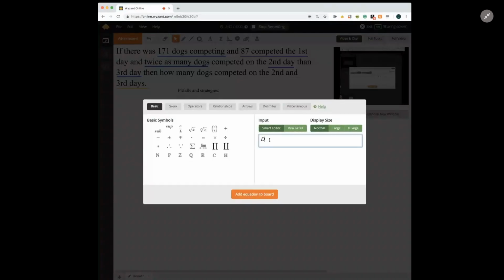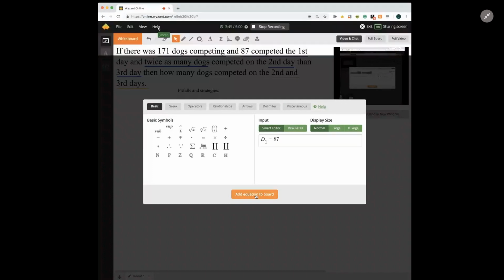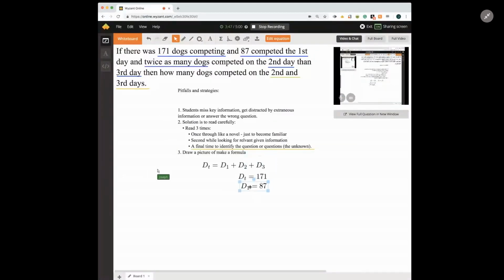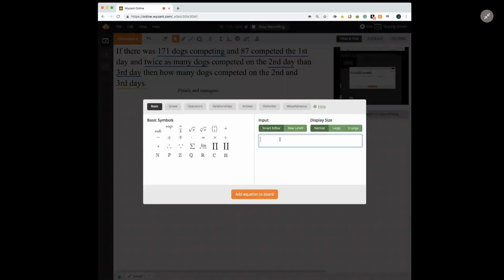So on D1, that's 87 dogs. And finally, the number of dogs on the second day is twice as many as the number of dogs on the third day. So we'll say the number of dogs on the second day is equal to twice the number of dogs on the third day.